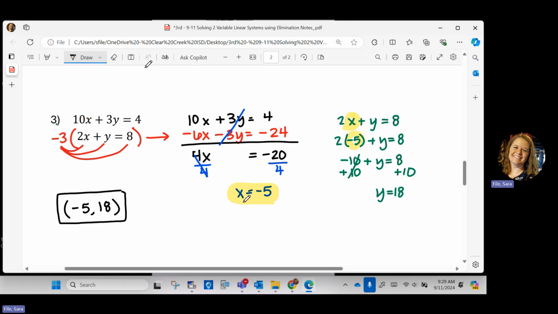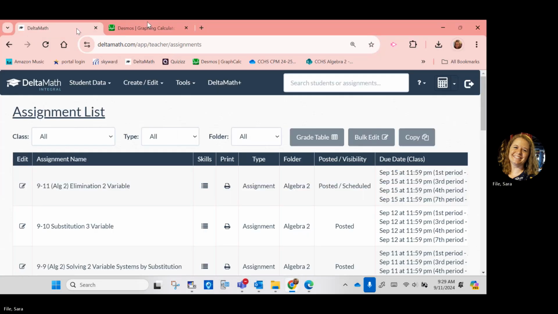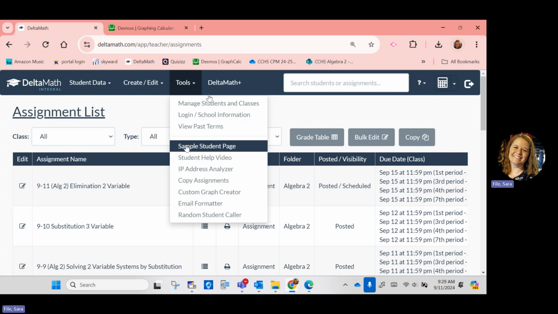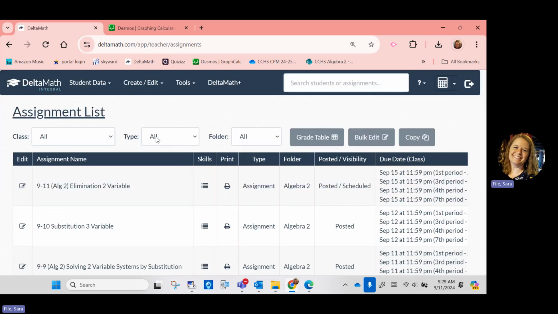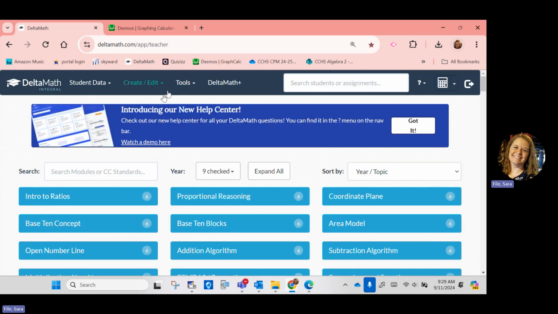So there's a practice assignment for you in Delta Math. I'm going to pull it up here and look at it with you. I got to activate it for you.